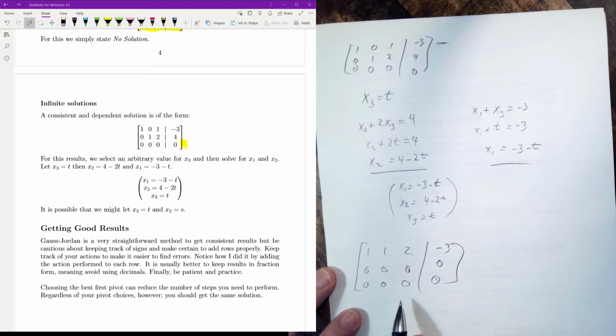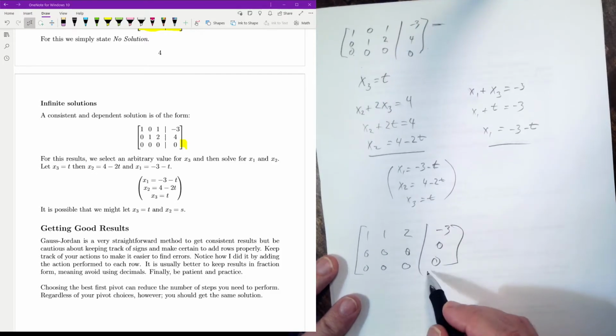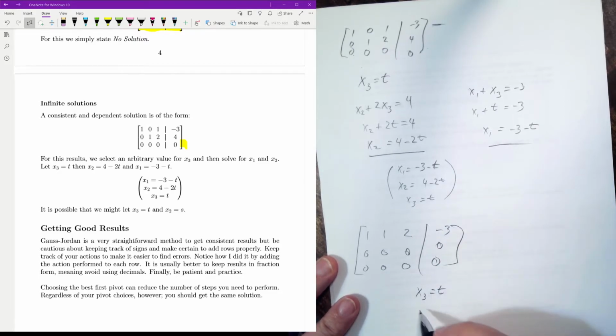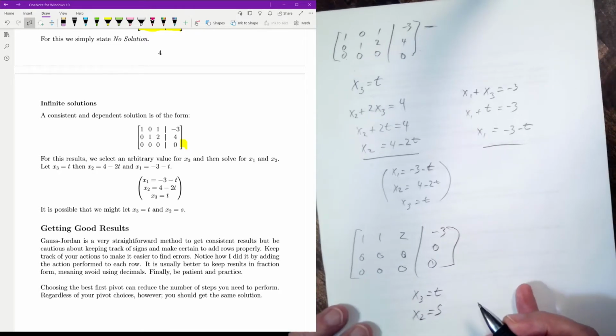In this case, we would say that x3 equals t, just like we did previously, and then we would say x2 equals s.